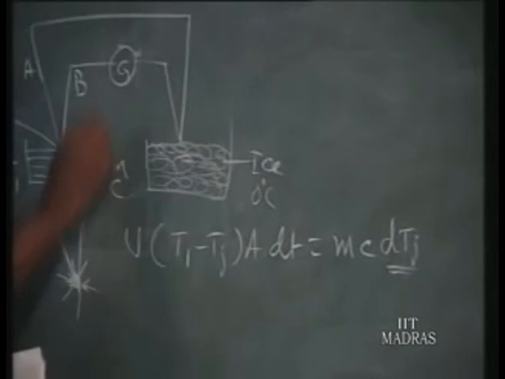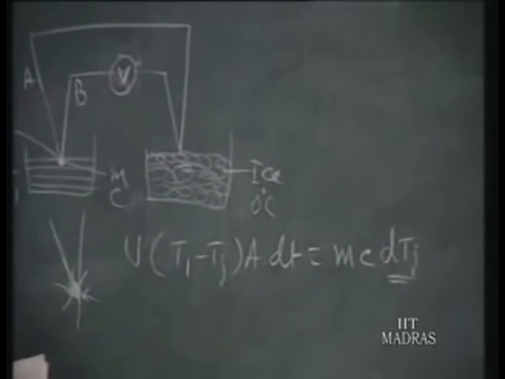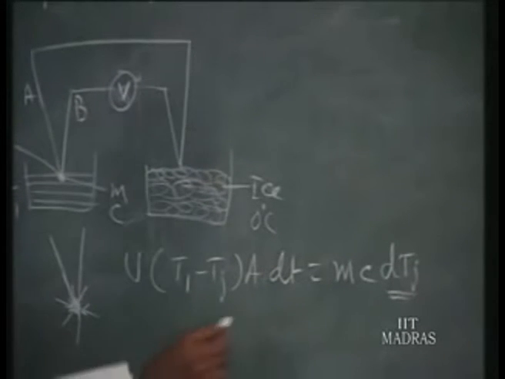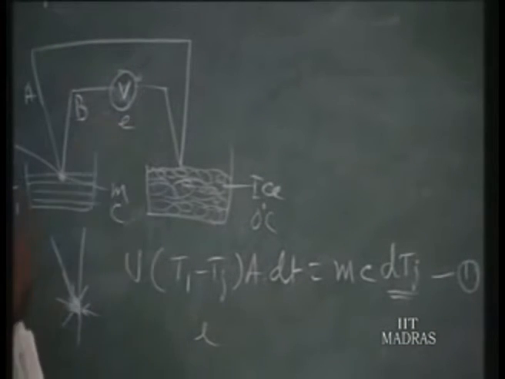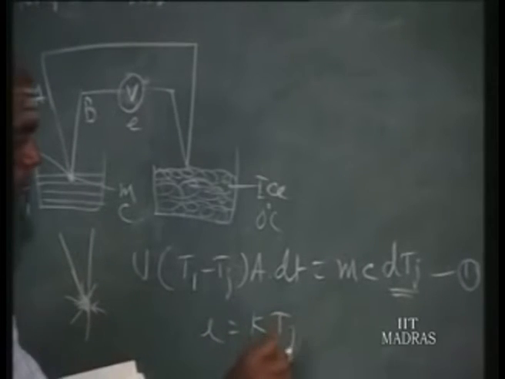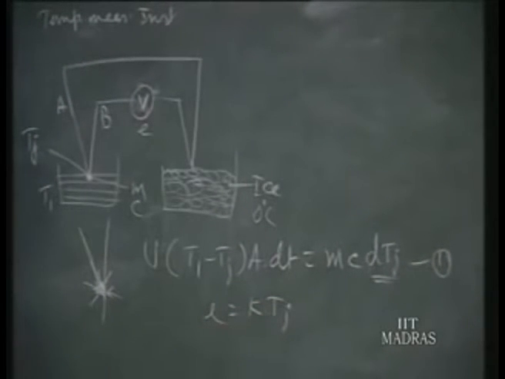And also we know the voltage output, say on a voltmeter, is proportional to Tj. So that is given as equation 1: voltage output E is equal to K, the sensitivity of this thermocouple, into Tj. Proportional to the thermocouple junction temperature, we get the output voltage.